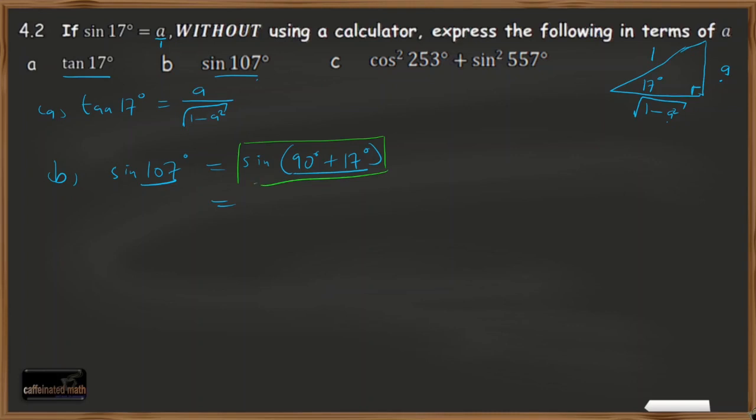If I remember anything about cofunctions, sine of 90 degrees plus theta, the cofunction of that is cosine of theta, and that's what we'll do here with 17 degrees, taking the value of theta in this case. And if we have a look at our triangle, cosine of 17 degrees is adjacent over hypotenuse, which ends up being the square root of 1 minus a all squared.